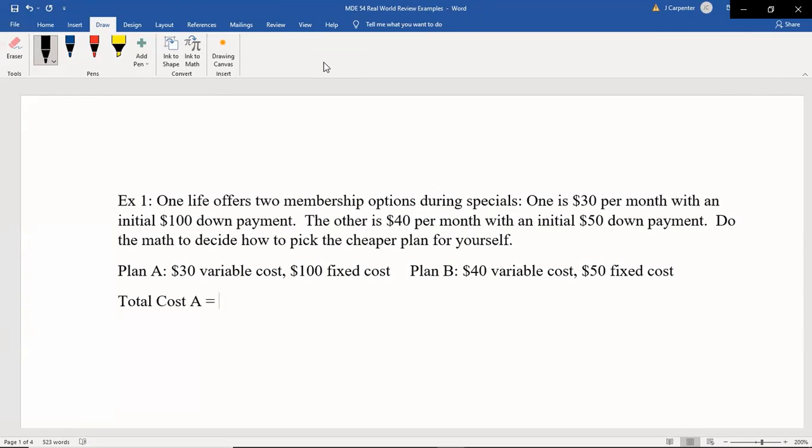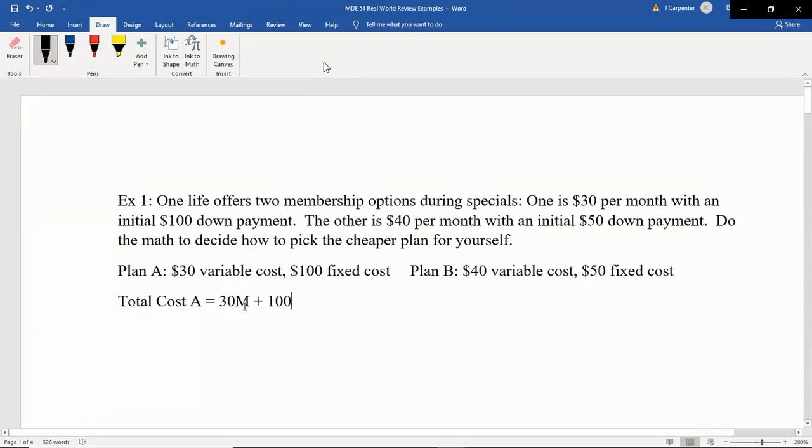So we'll say the variable cost is $30 times M, M being the number of months, plus the fixed cost. This is the standard linear model we talked about throughout chapter 5. It's a variable amount plus the fixed amount, where the 30M is the variable amount: $30 times the number of months.